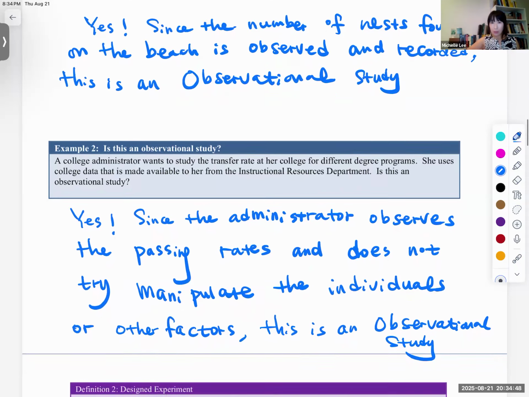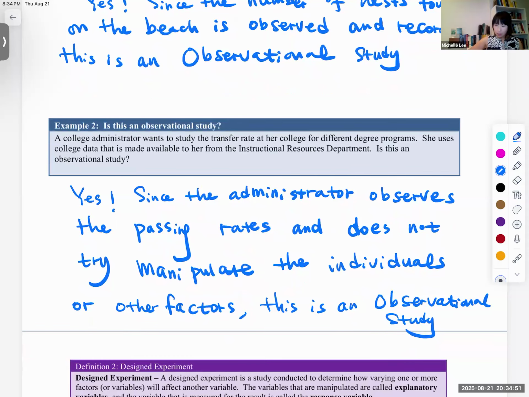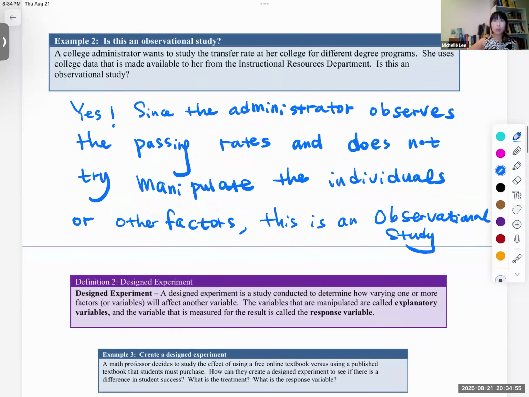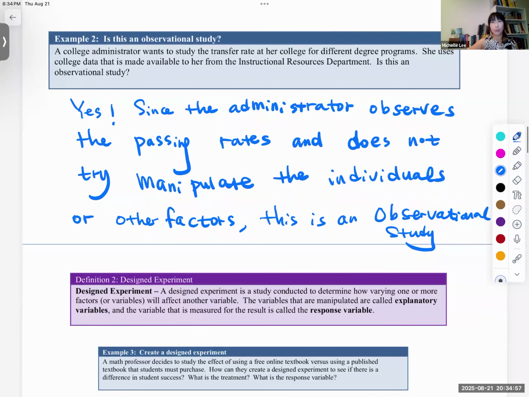All right. Now we have the designed experiment. So we just learned observe, study, observational study: you just observe and record without any influence, no manipulation, right? But for the designed experiment, let me read.